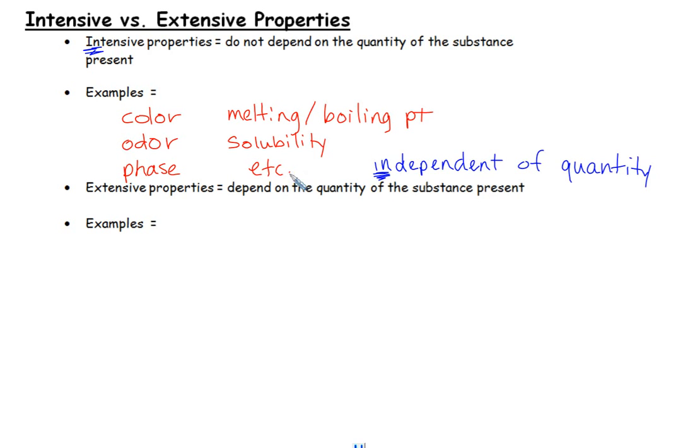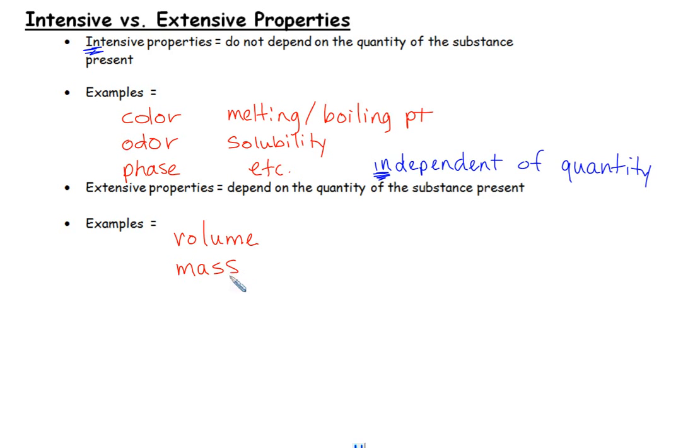Extensive properties do depend on the quantity of your sample size. So these I would think of like volume, mass. Obviously, if I have a larger sample size, it's going to have more mass.